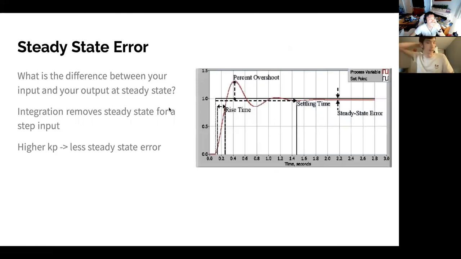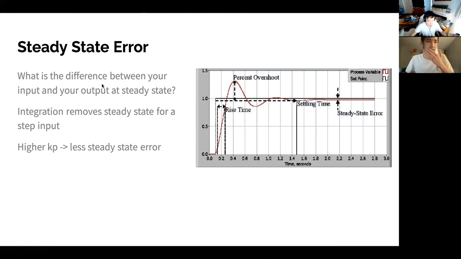So going over the key concepts that I just mentioned. Steady state error is probably the easiest to understand. It is just that you let your system run for a while, and hopefully it'll stabilize to the target that you want, which is your input, because you want your error to eventually be zero or close to zero.